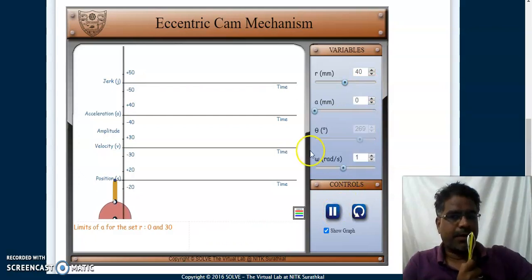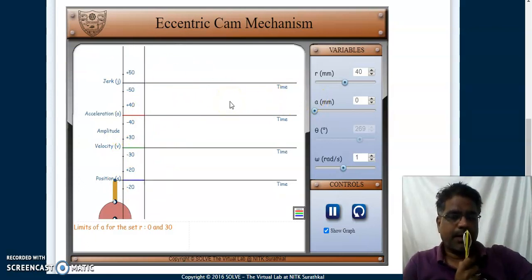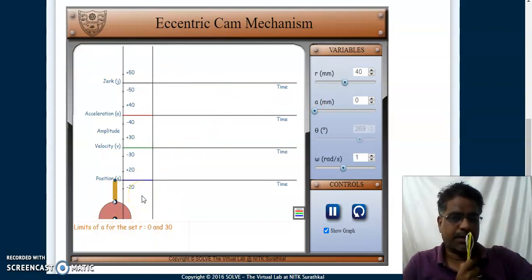Now if I simulate, you can see that there is no displacement, no velocity, no acceleration and no jerk, because it is as good as rotating the circular disc about its center. So there won't be displacement for the follower.